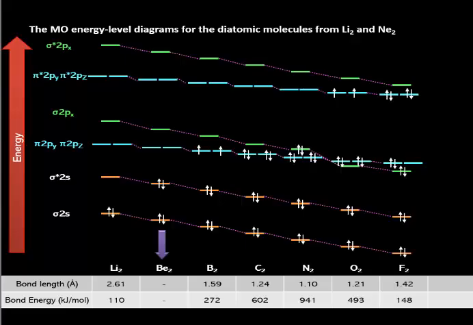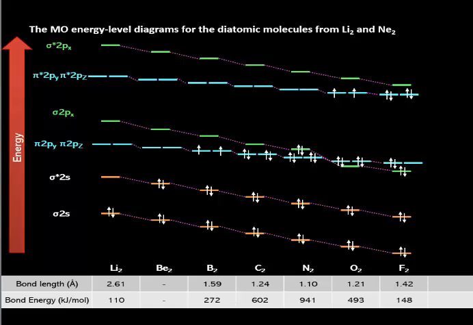But here we must remember that the sigma orbitals, formed by strong axial overlap, are much more sensitive to this energy lowering. The pi orbitals, formed by weaker sideways overlap, don't shift as much. At lighter elements like boron, carbon, and nitrogen, the pi orbitals stay lower than the sigma orbitals.